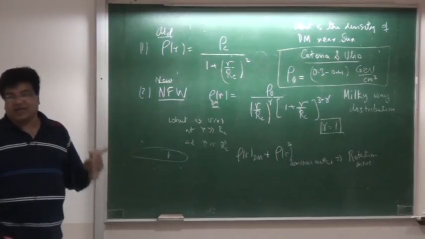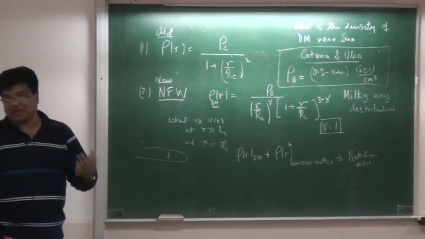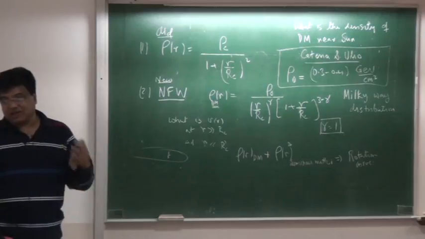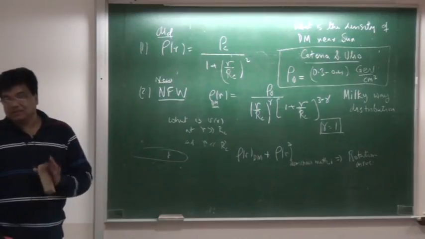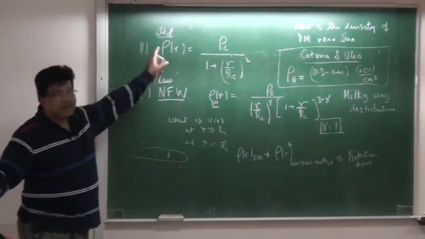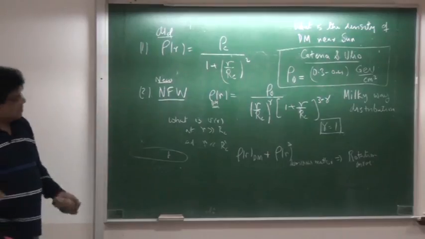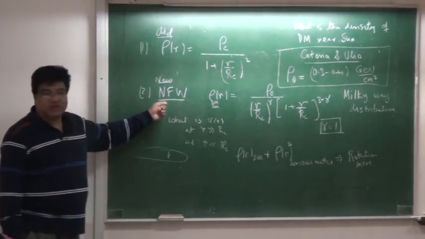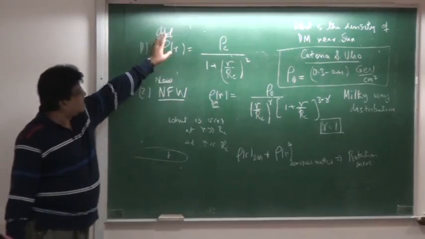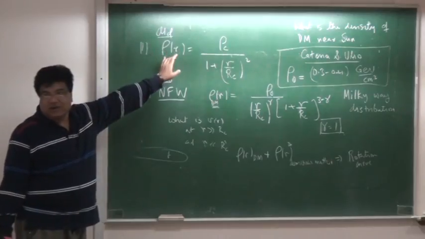Then, as more telescopes came, they saw more and more stars in the galactic center and around it. So the visible matter profile now is much larger compared to what was expected at that time. This was done in the 80s, I think. So this takes into account the contribution of the visible matter also. The earlier one was as if this was the only matter, assuming dark matter is the only dominant matter.